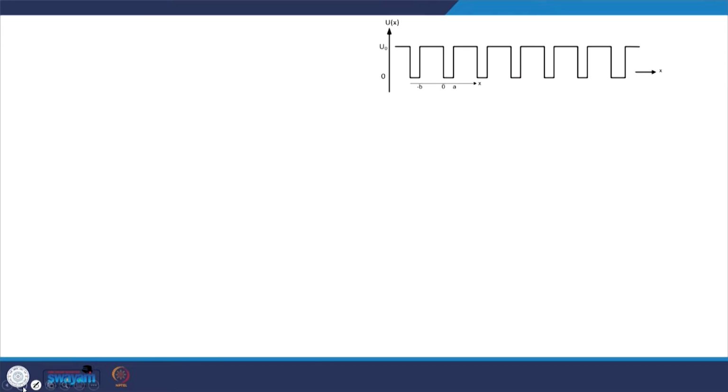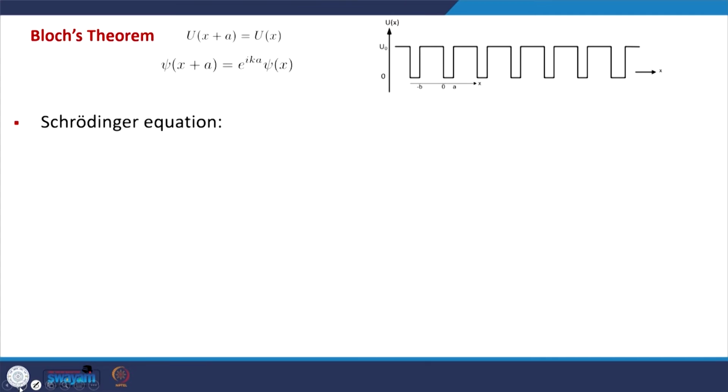Today we will see how the electronic wave function would look in a 1D solid. For that we would first need to define a single period of the potential profile, which means we would need to see how the potential energy looks in a single period, because the potential profile is periodic and repeats itself after a certain distance.